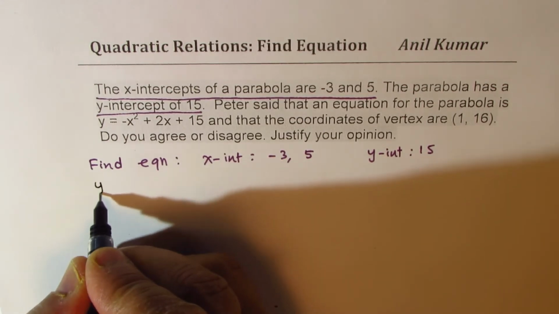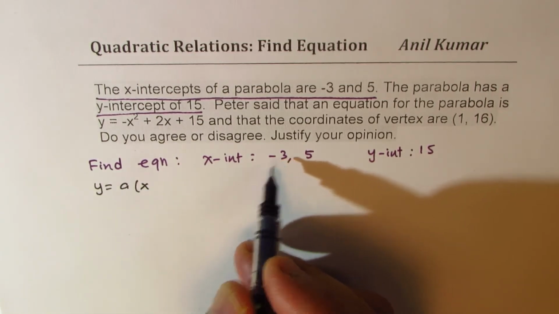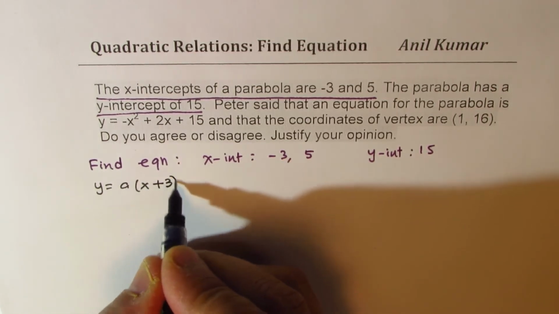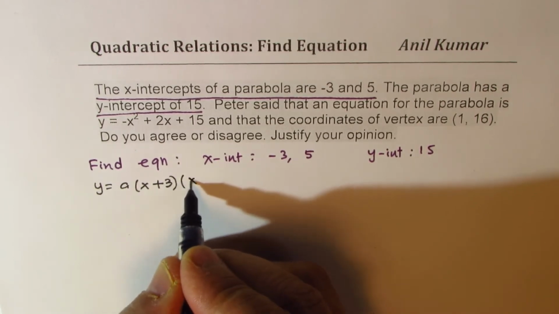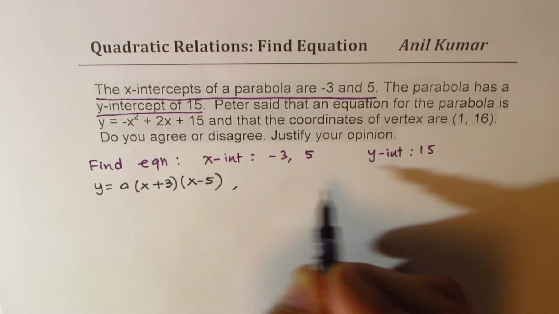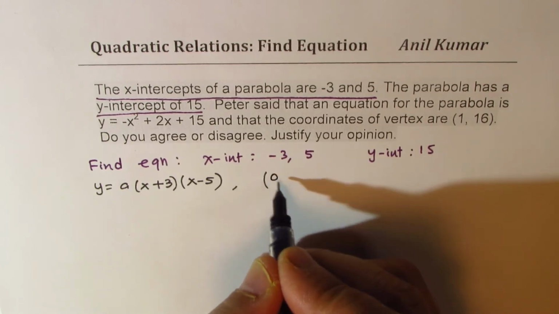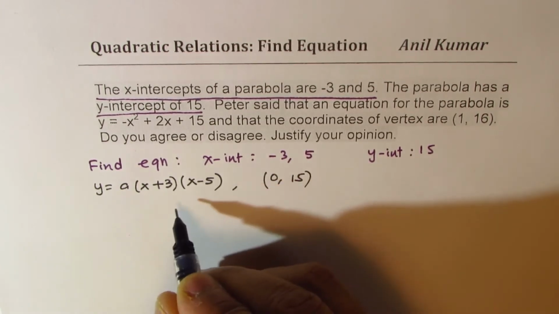So we could write this equation as y equals a times x plus 3, since minus 3 becomes plus 3 here, right? So the first zero, and the second zero is at 5. So that gives you the equation in factored form. And now we know that the point for the y-intercept, that is (0, 15), is on the parabola.